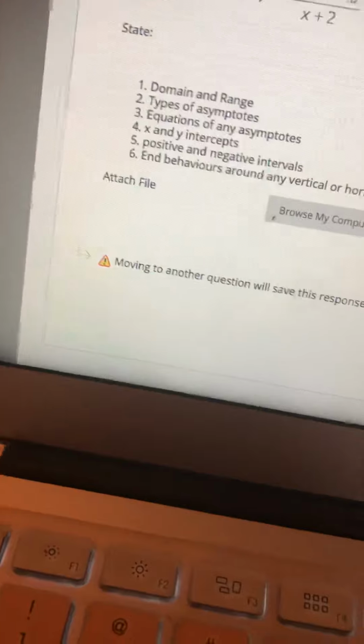Okay, so positive and negative intervals. So this means when our point in the graph was x greater than 0 or x less than 0. So looking at the graph, we see that the graph is above 0 in 2 places.